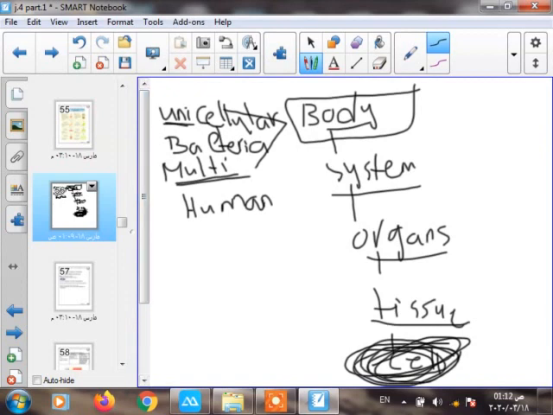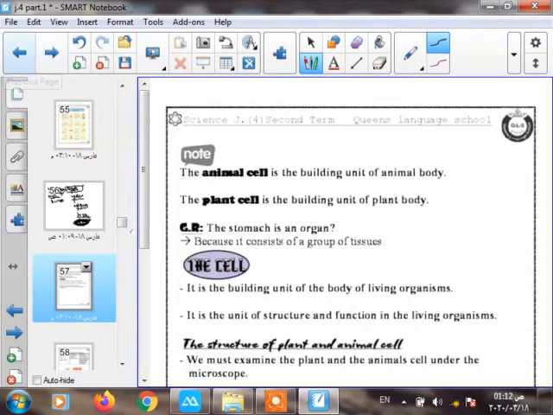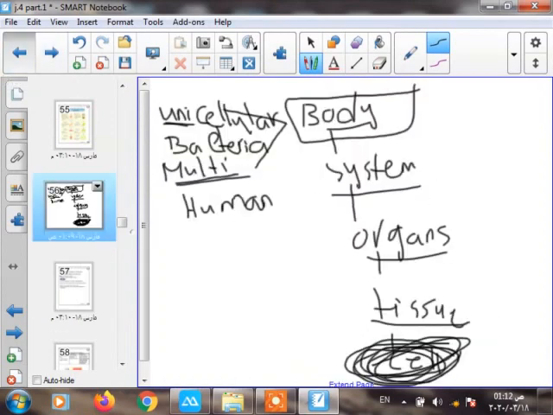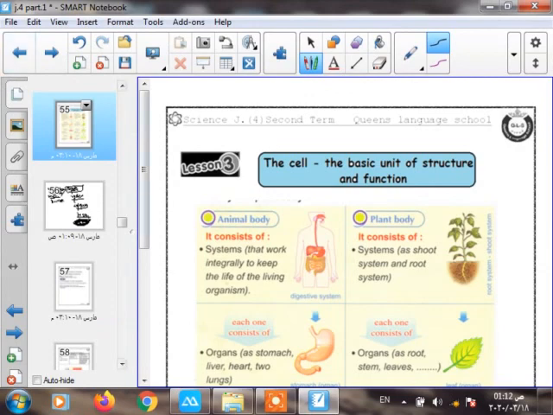Unicellular means it has only one cell, like bacteria and fungus. And multicellular living organisms have more than one cell.